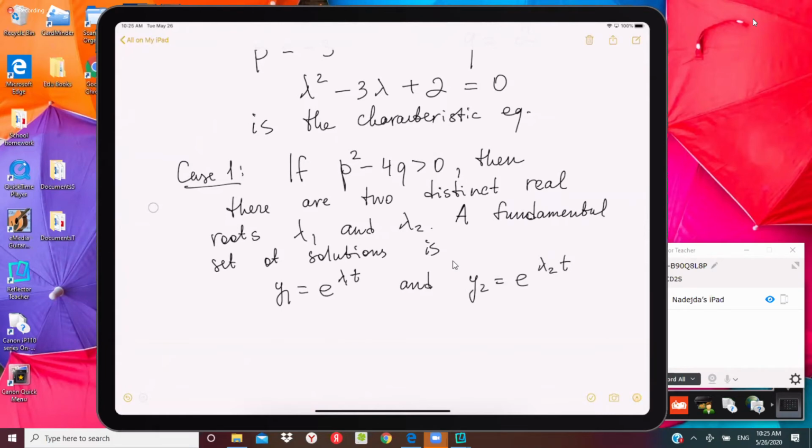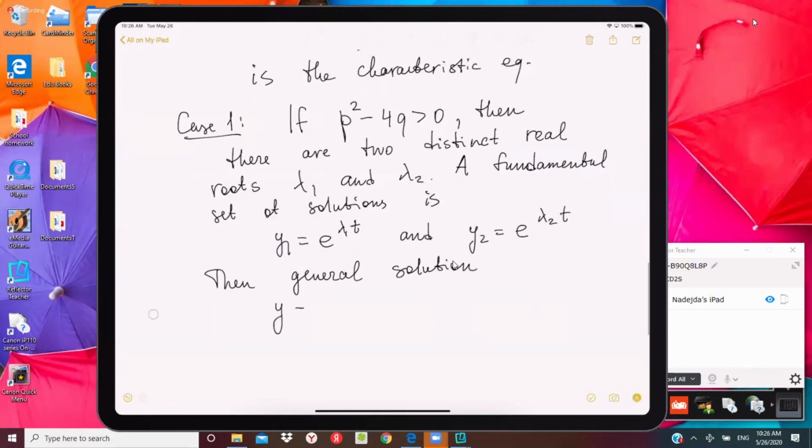So if this is a fundamental set, then we know what the general solution looks like, right? The general solution will be a linear combination of these two. So it will be y equals c sub 1 times e to the lambda sub 1 t plus c sub 2 times e to the lambda sub 2 times t. All right, so that was case 1.